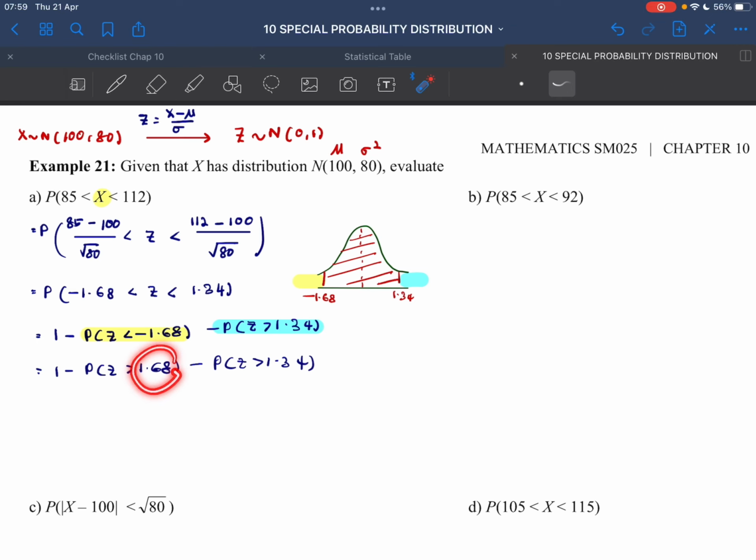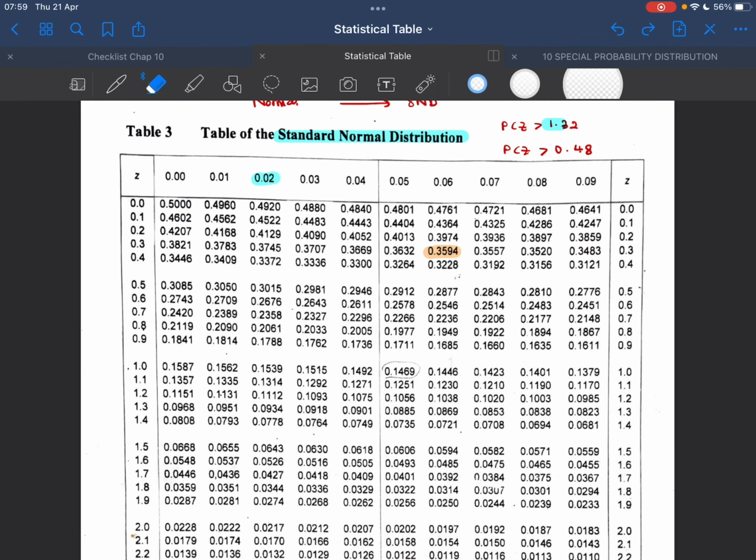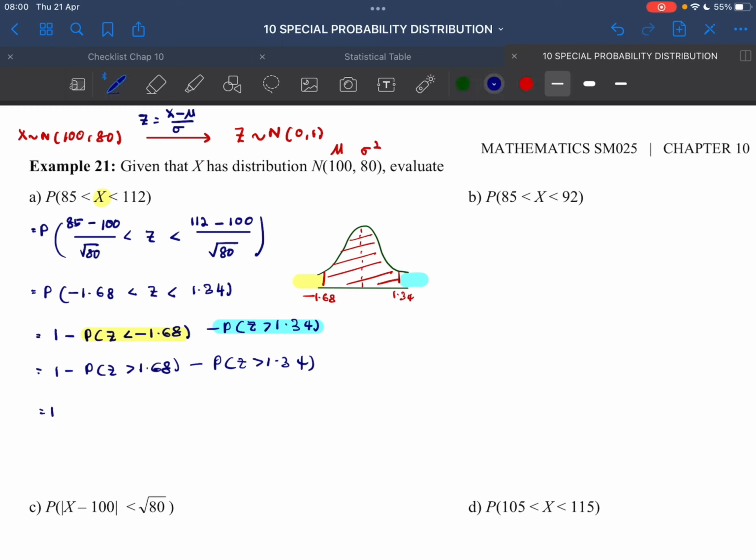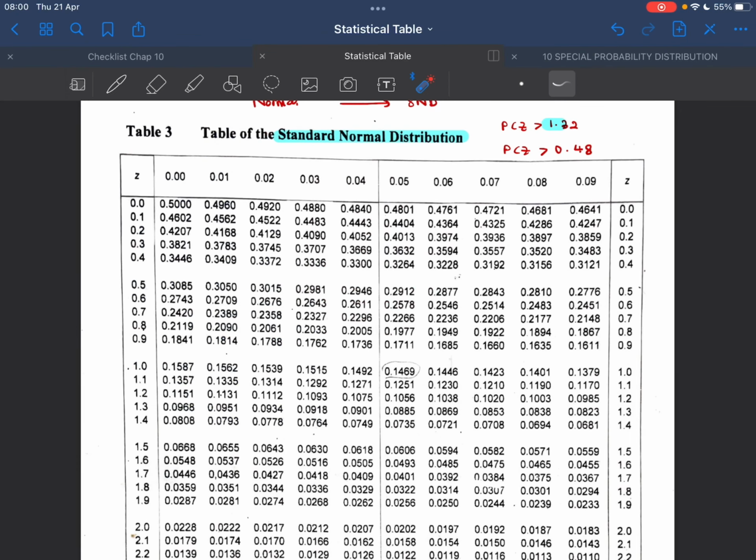For 1.68, in the table we have 1.6 here and the 8 is here, and this is your answer, 0.0465. So we have 1 minus 0.0465, and for 1.34, here is your probability, 0.0901.